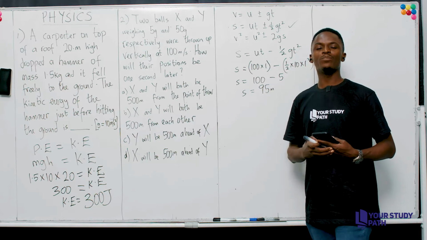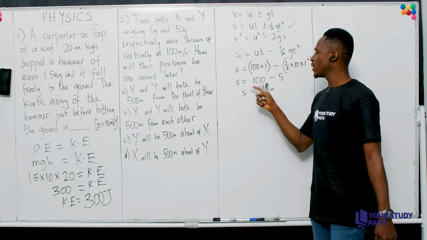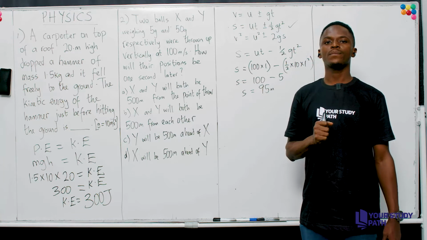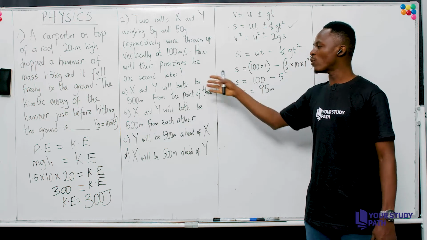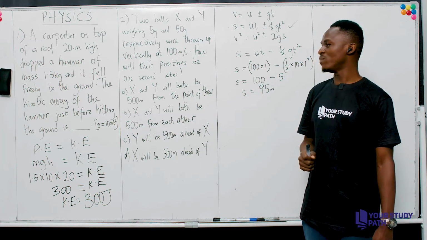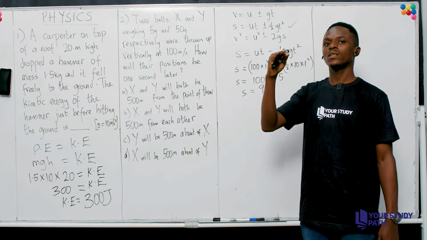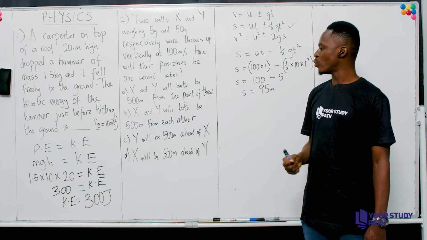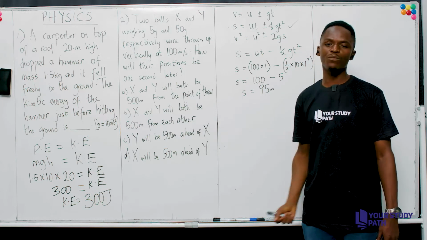Both of them are going to attain a distance of 95 meters at the end of 1 second. So none of these options are actually correct. There's no way you have one being 500 meters ahead of the other, or both of them attaining 500 meters from the starting position, or both being 500 meters from each other, or any of the options.